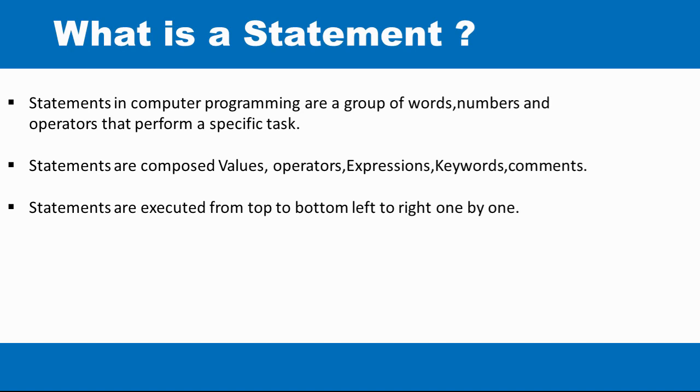Just the way you hopefully read a book from top to bottom, computer programs are executed from top to bottom and from left to right. So usually the order of execution is the same order in which the statements are written. In computer programming, to run a program means to execute a program.